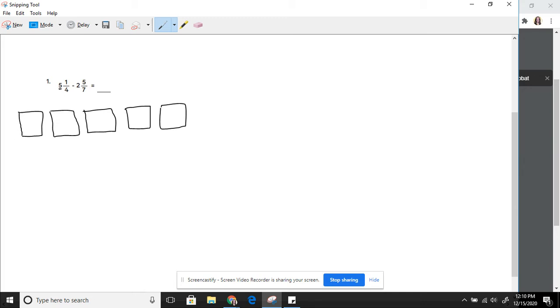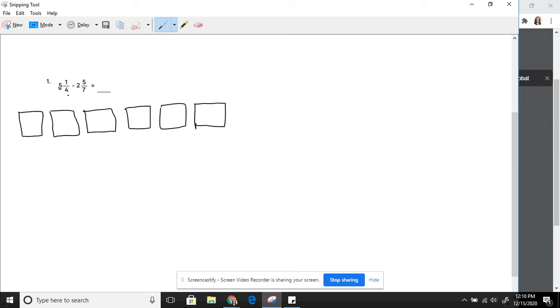Okay, and now we need to do our 1/4. In order to do my 1/4, I'm going to draw another whole. Oh, that's too big. I'm going to draw another whole, and I'm going to take that whole and cut it into fourths because our 1/4 is our fraction. So I'm going to look at my denominator and break this last box up into that many pieces.